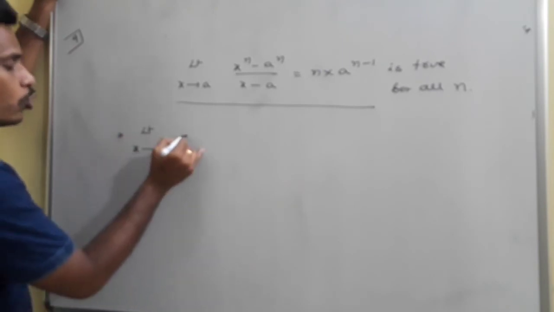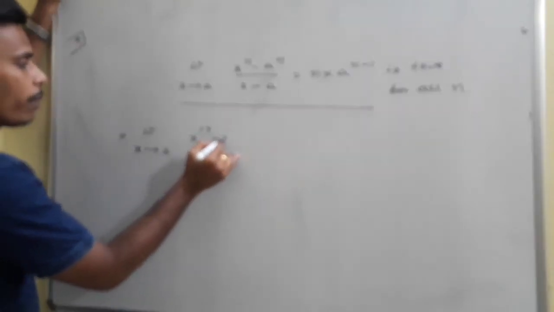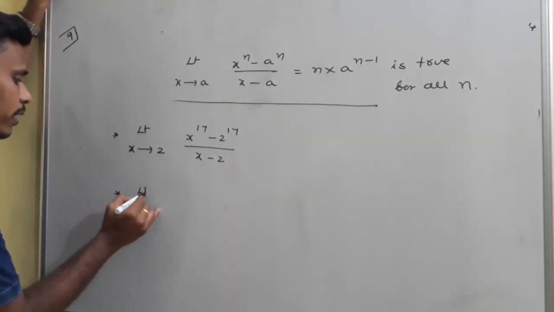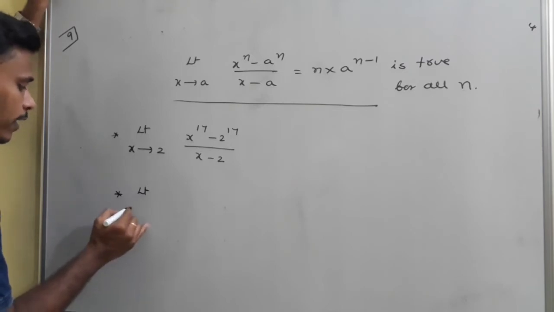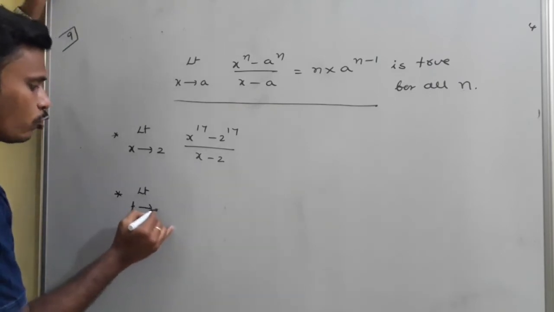Limit x tends to 2, x power 17 minus 2 power 17 divided by x minus 2. What is its answer? Just have a look for a minute. It may be x, it may be t, no problem.